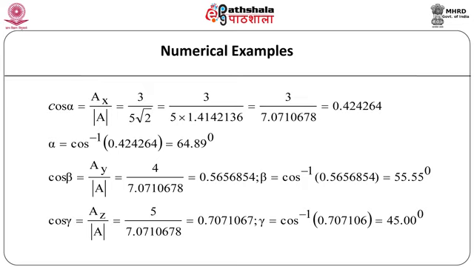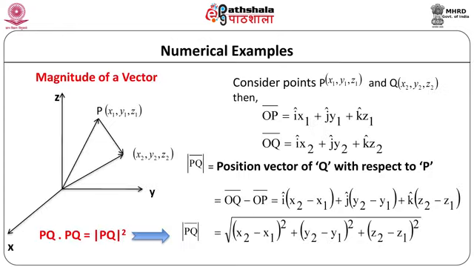Using these values, we can compute the angles alpha, beta and gamma as shown. When the coordinates of 2 points say P and Q are given, the magnitude of the vector PQ bar and QP bar can be determined using distance formula in trigonometry. The problem is representative of this point.